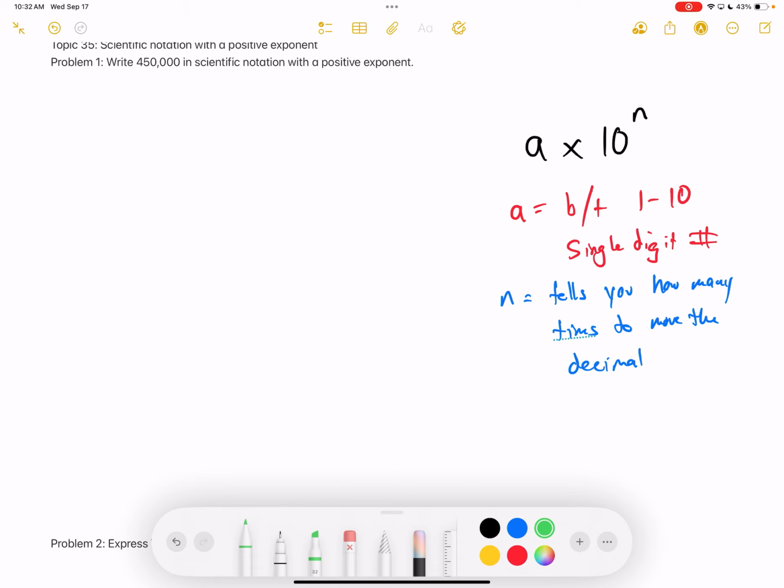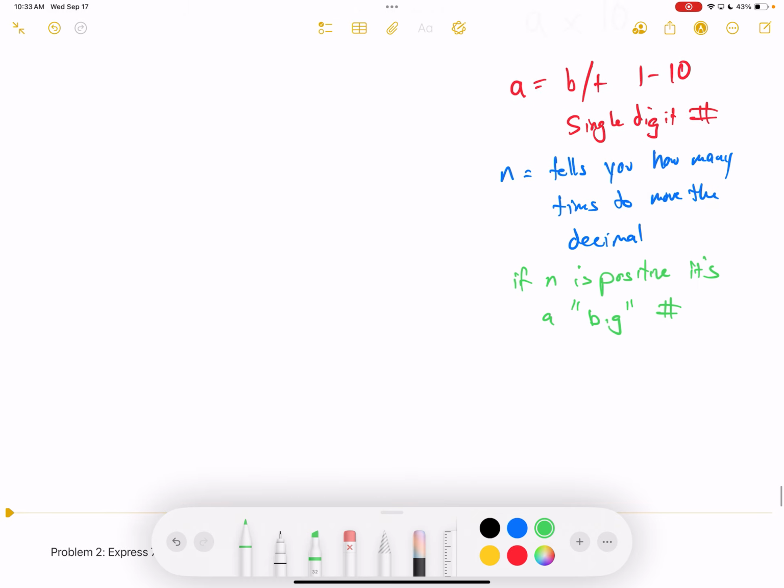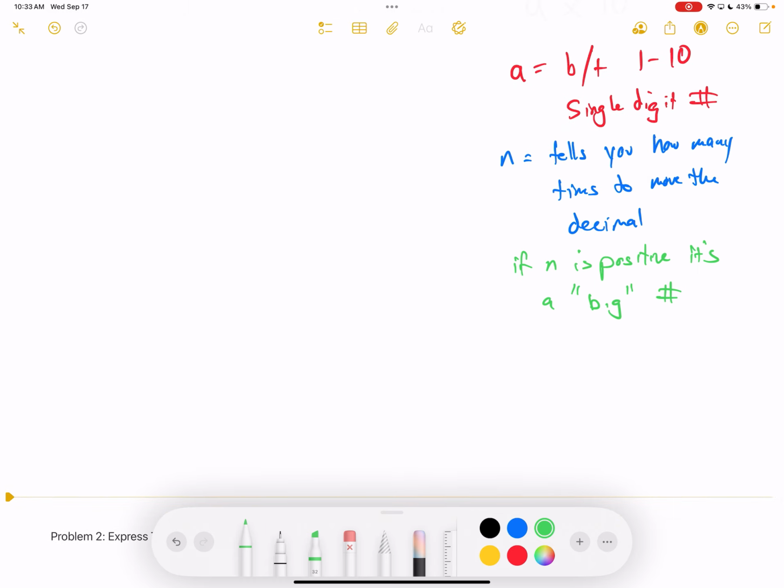If N is positive, it's a big number, okay? It's going to be like hundreds, thousands, millions, trillions, billions.